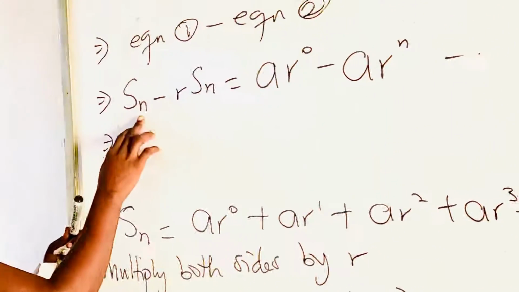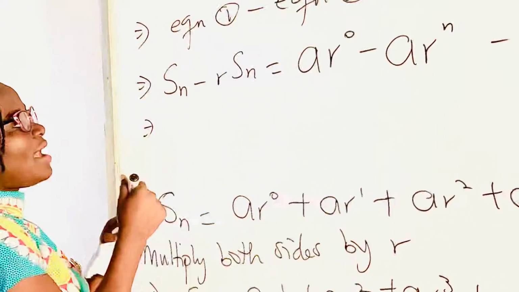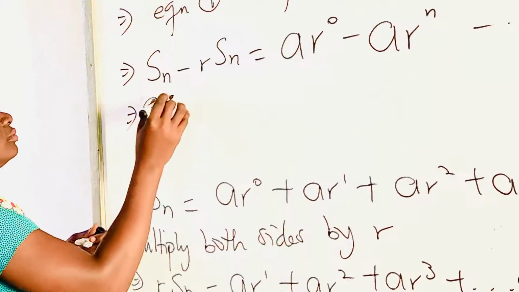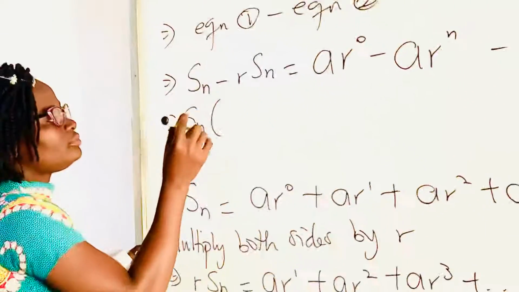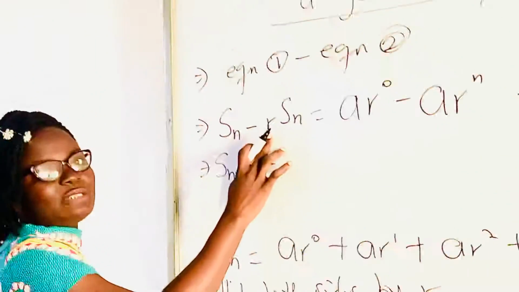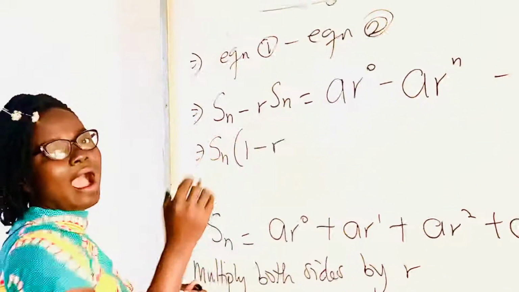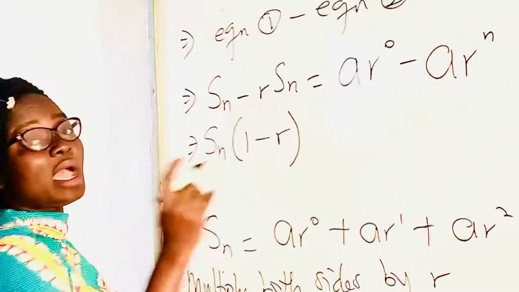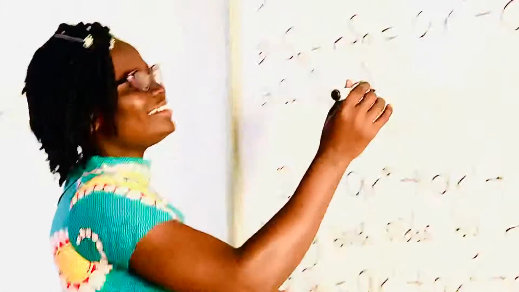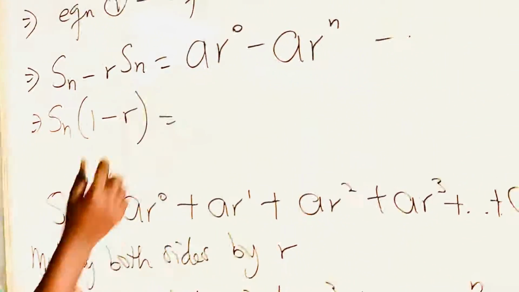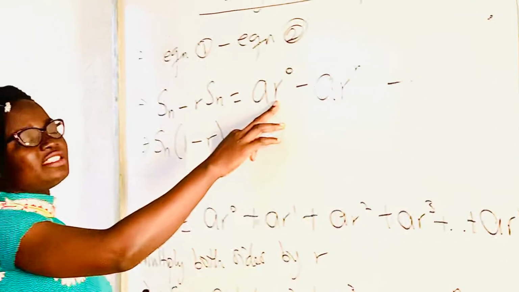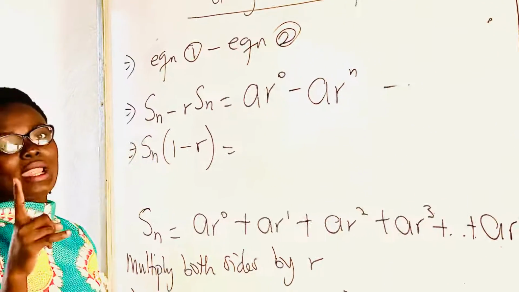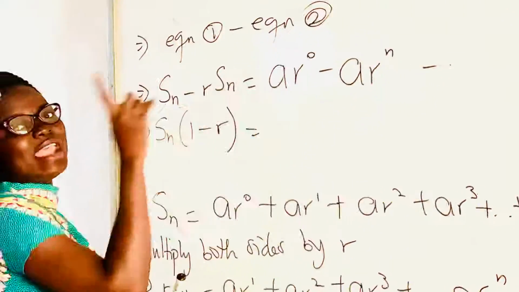Factorizing Sn out, this place will be left with 1 and this place will be left with r. We are proving a formula. Looking at this side too, any number exponent 0 is 1, so this place will be left with a.